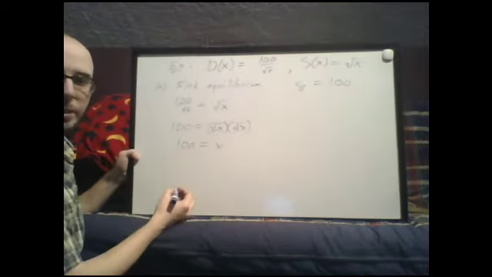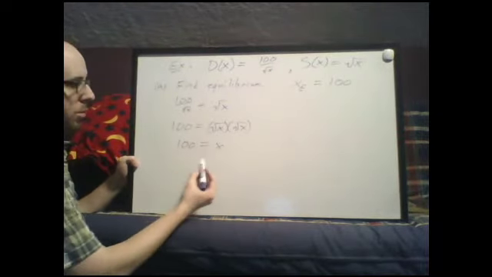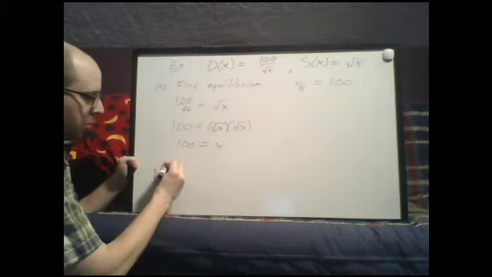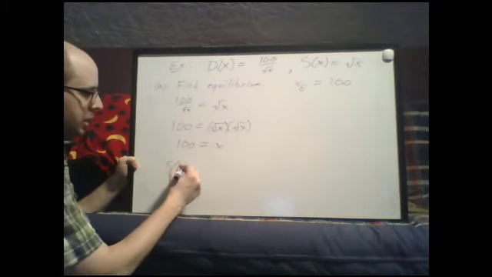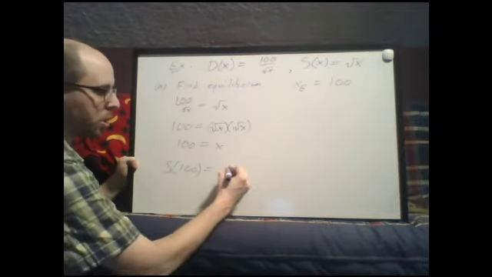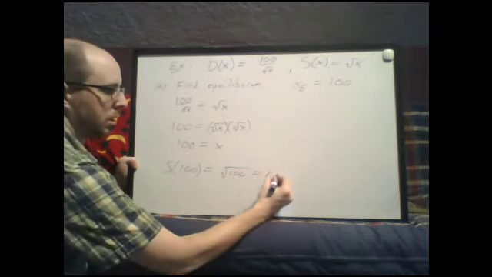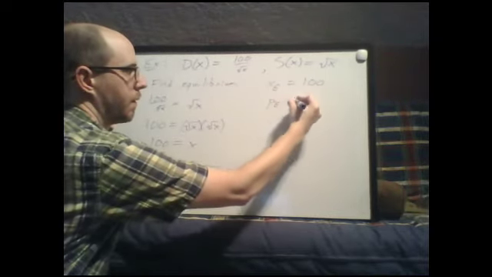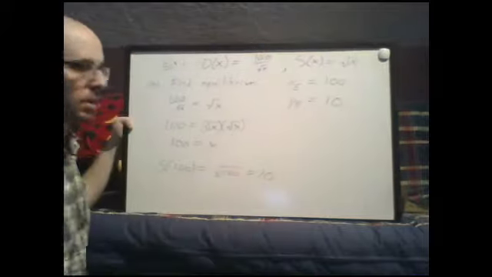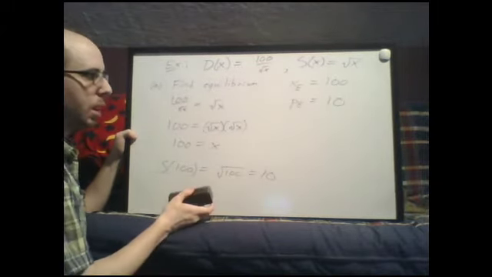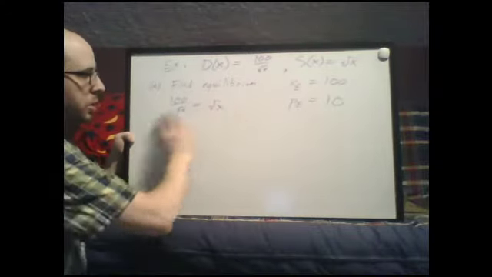My equilibrium price would be what I would get if I plug this x value into either of my functions. So let's use s since it's slightly easier. S of 100 would be square root of 100, which is 10. So the equilibrium price is 10. And now we're ready to do our surpluses.